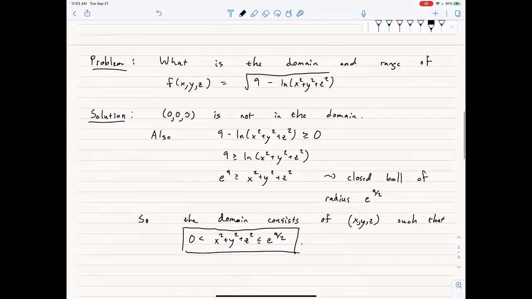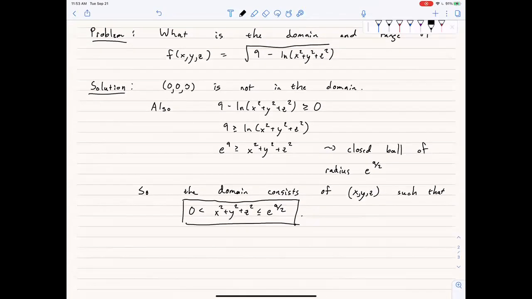So what about the range? Well, when we achieve equality here, we're going to get that this whole thing is the square root of 0.